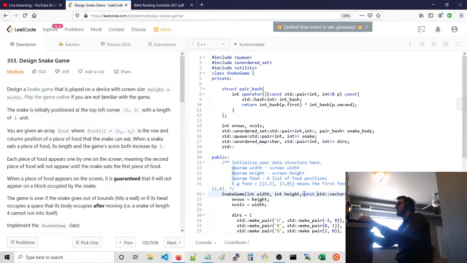I'm not going to modify this at all. We're going to say vector of integers, const iterator, and it's going to be current and end.